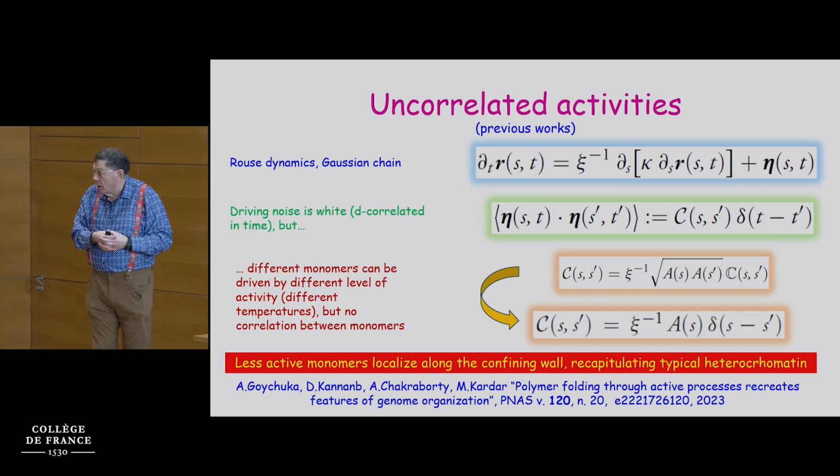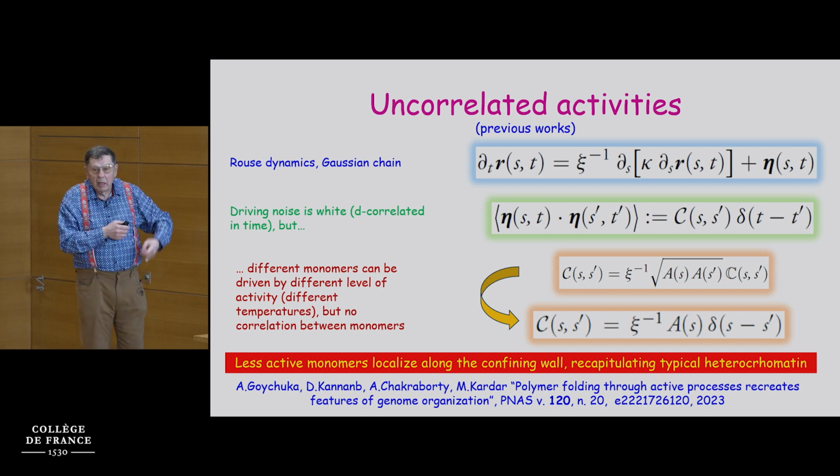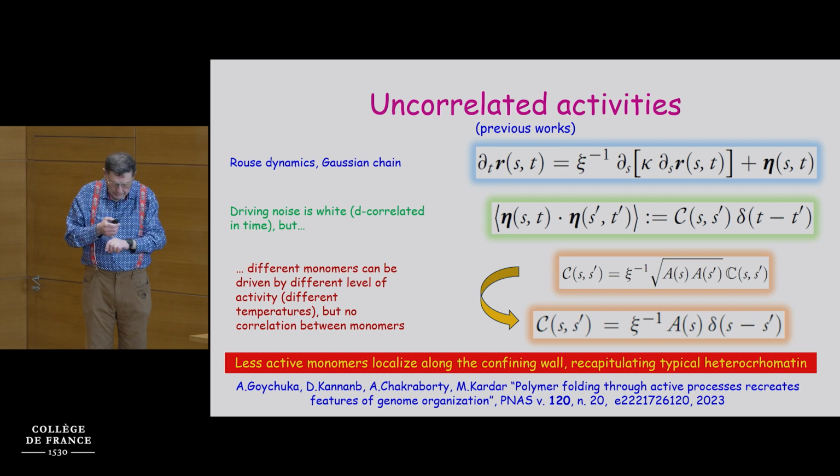It's tempting to say, oh, here it is, that's heterochromatin, less active. So that's good. But for that, you don't need this correlation between monomers.